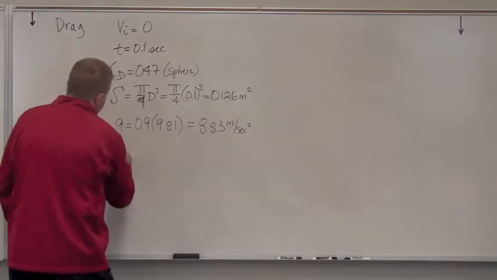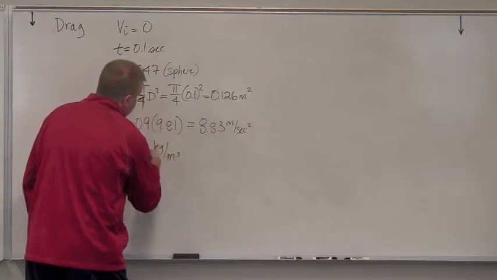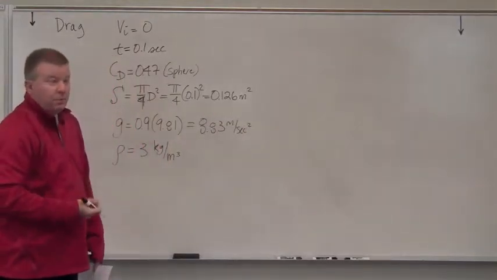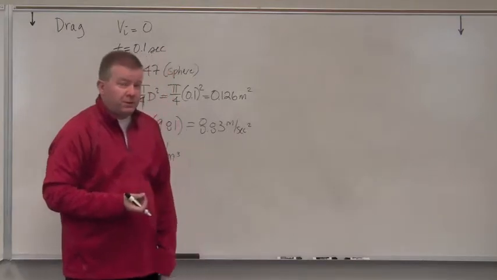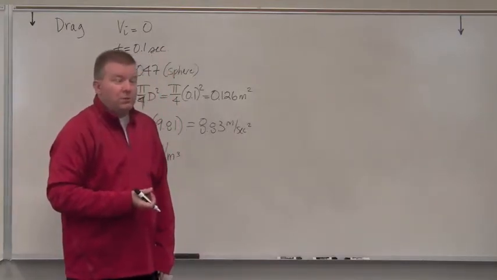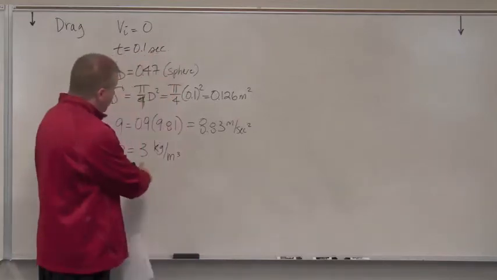And then I said, I don't care about density, so I'm going to call it 3 kilograms per cubic meter. We know density changes on Venus as you get further down to the surface. So you might want to change it, or keep it constant, but vary it.